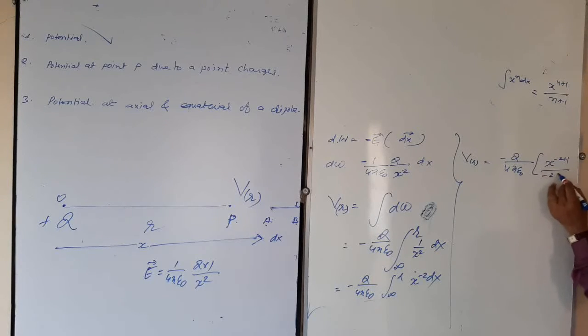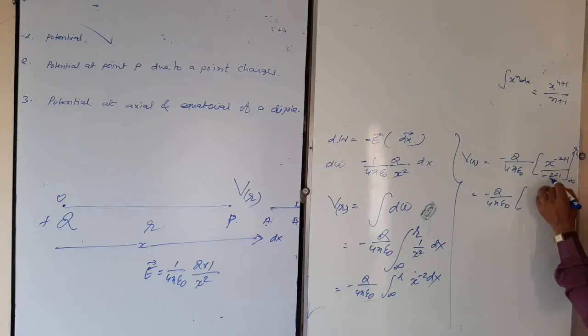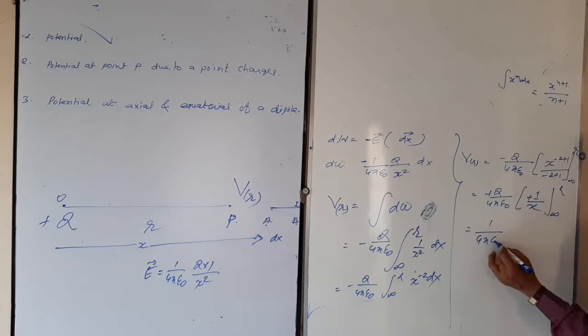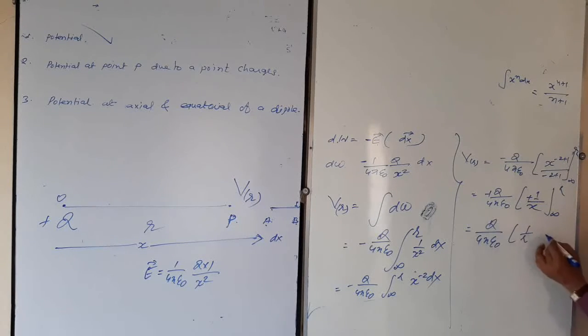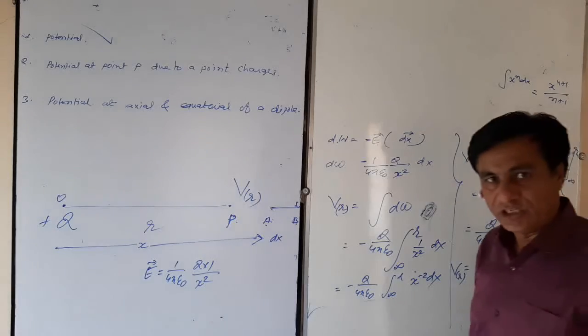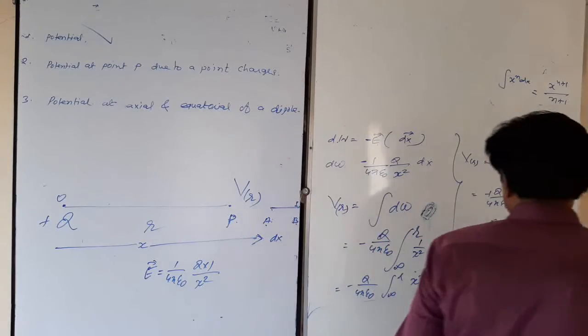So minus 2 plus 1 upon minus 2 plus 1, from infinity to R, minus q upon 4 pi epsilon 0, minus 1 by x, or you can cancel, minus minus cancel, infinity to R. Now 1 upon 4 pi epsilon 0, 1 by R minus 1 by infinity, which is 0, so 1 upon 4 pi epsilon 0 q by R. It is the potential at point P due to a point charge and depends upon the position of the point.